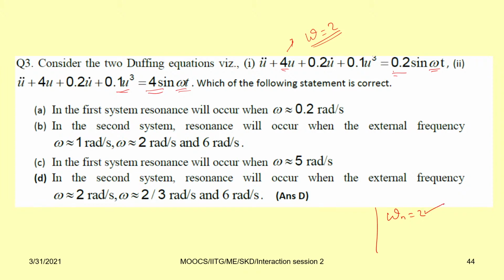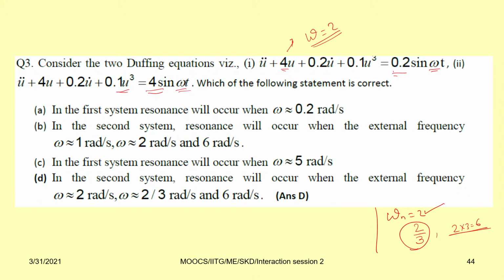One condition will be at omega equal to 2, the second at 2 by 3, and the third at 2 into 3, that is 6. At 6, omega is greater than omega n, so this is your subharmonic resonance condition and the other is your superharmonic resonance condition. So you have these three resonance conditions here.